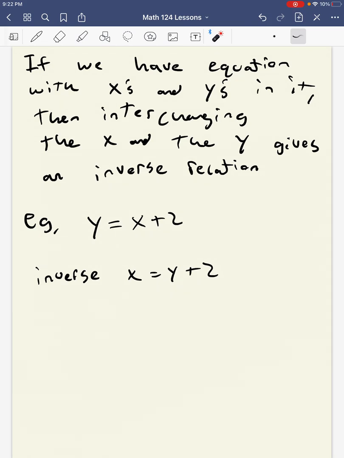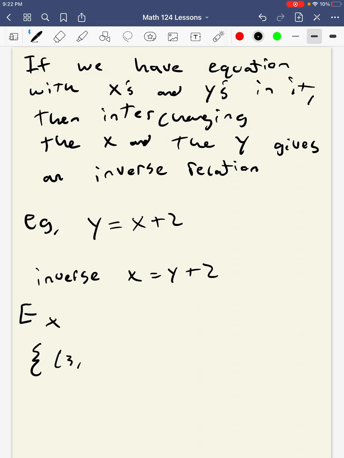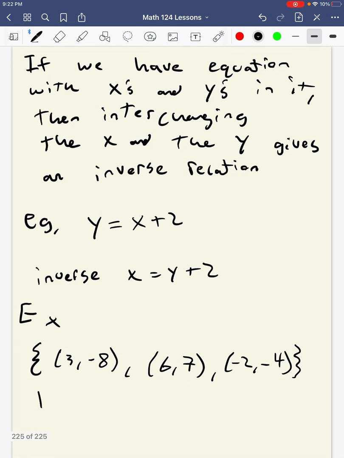Let me do a few more examples here. Say we have the set of ordered pairs (3, -8), (6, 7), (-2, -4), and we are asked to find the inverse.